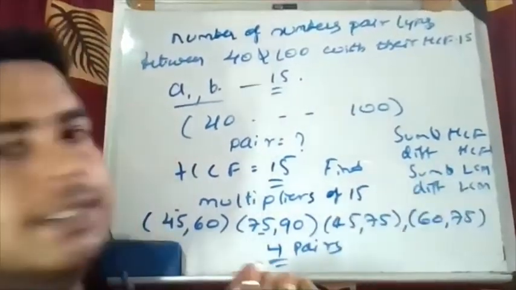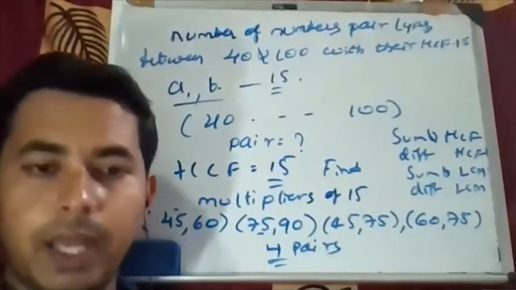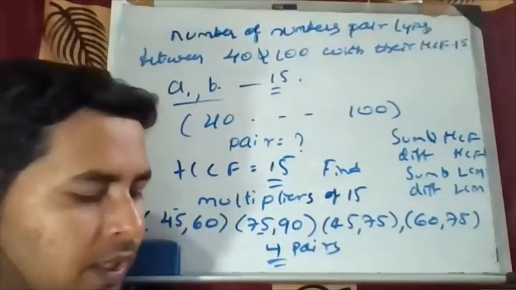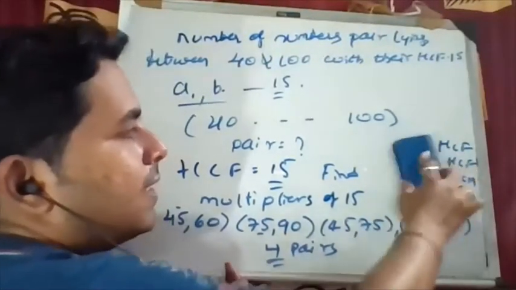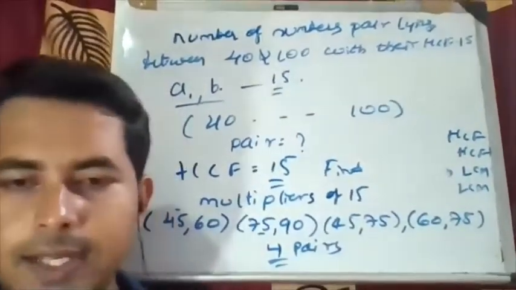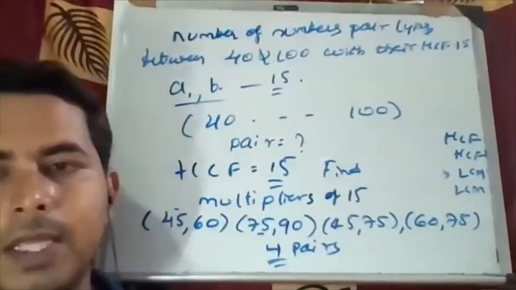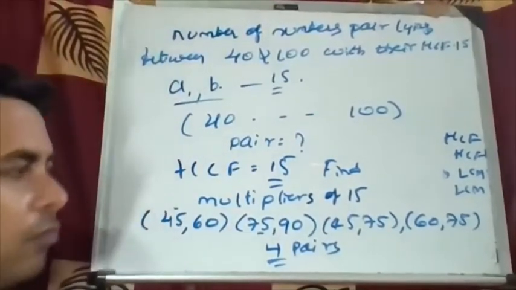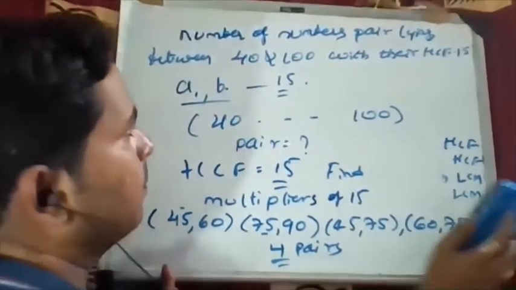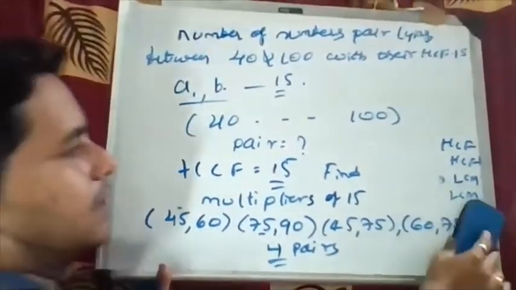In such cases you have to go with the co-primes. And if any one thing is missing, only HCF is given, then see the multipliers of that HCF. That will become a pair. So here the answer will be 4 pairs.